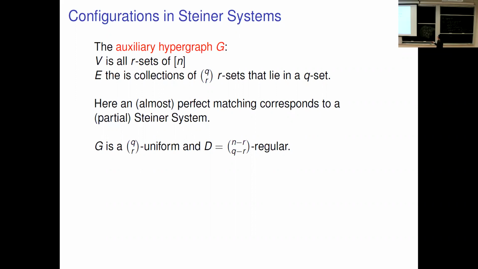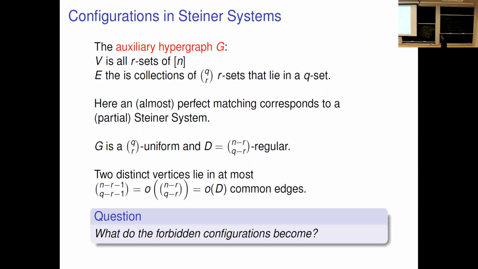And now, what about the co-degree? Well, if we think about two distinct R element subsets in general, and think about how many edges they are jointly extending to, we really worry about when the co-degree is too large. We want bounded co-degree. And what's the worst case scenario? They're distinct.